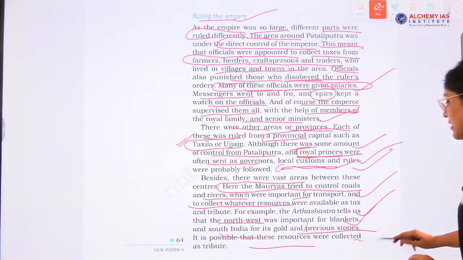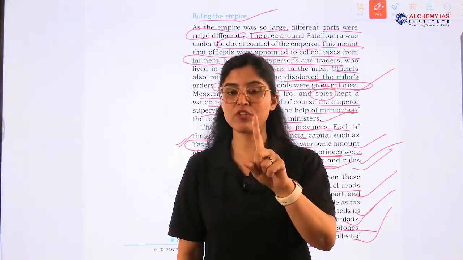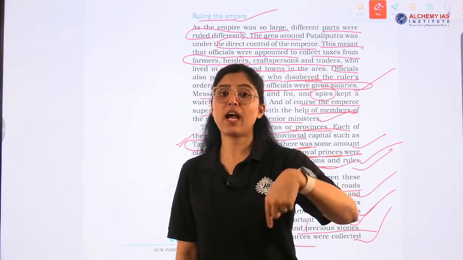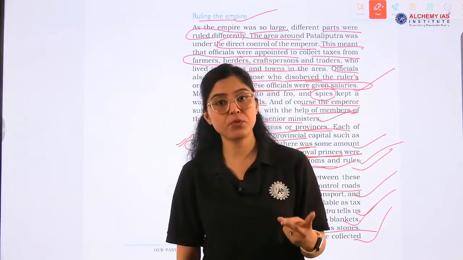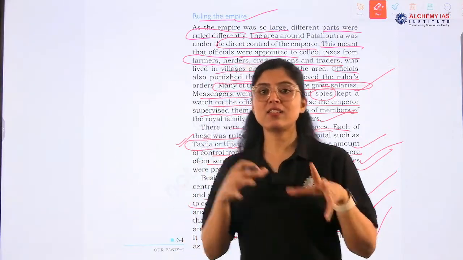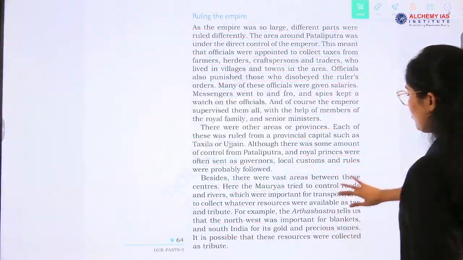It is possible that these resources were collected as tribute. So first is taxes, which are collected from roads and rivers, and second thing is tribute. So tribute was coming from the northwest and South India also, and gold was coming from South India.